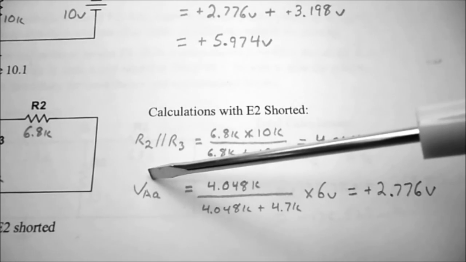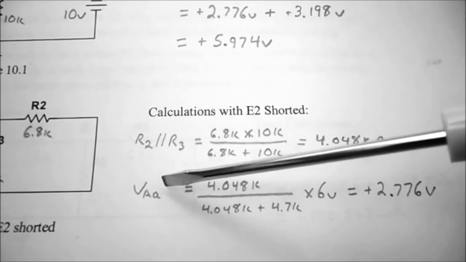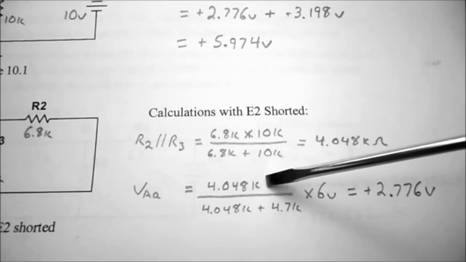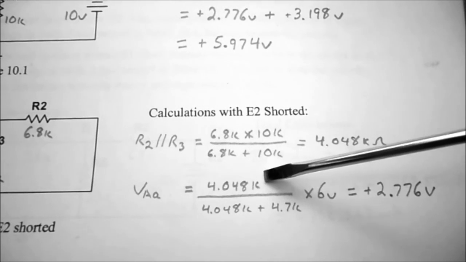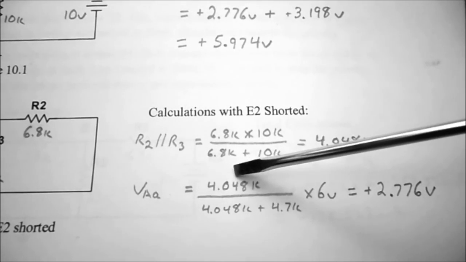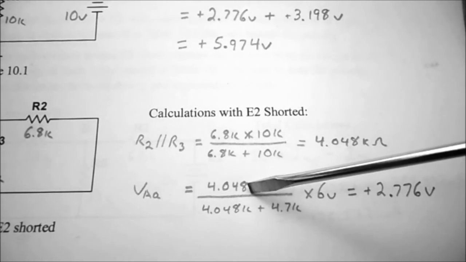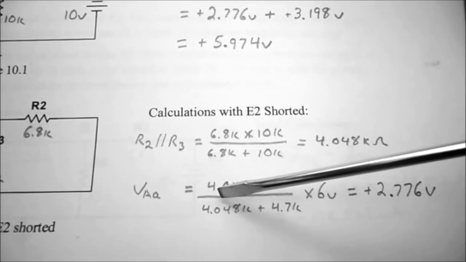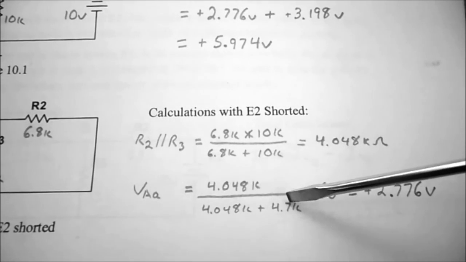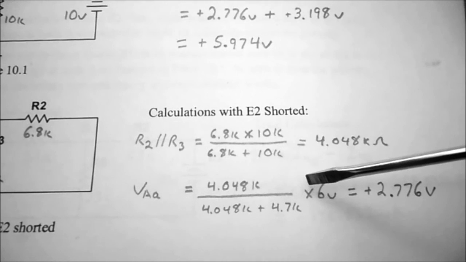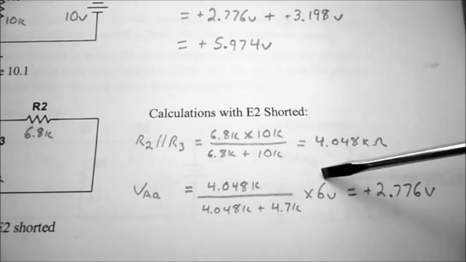Now to find the voltage at point A for circuit A, we're going to use voltage divider law. We take R2, R3 parallel, which is 4.048K, and divide it by the total resistance of the circuit, which is 4.048K plus R1, which is 4.7K, and multiply it by the source E1, which is 6 volts.